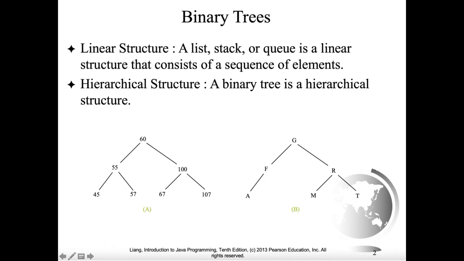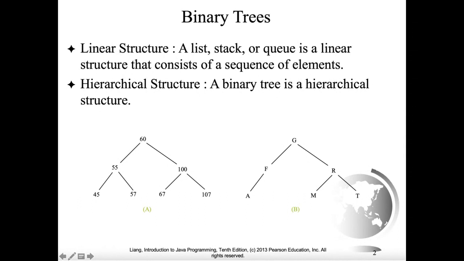So they basically become leaves. And here also A, M, and T, they are leaves as well. M and T are siblings. A is not the sibling of M and T because they don't have the same father. The father of A is F, and the father of M and T is R.